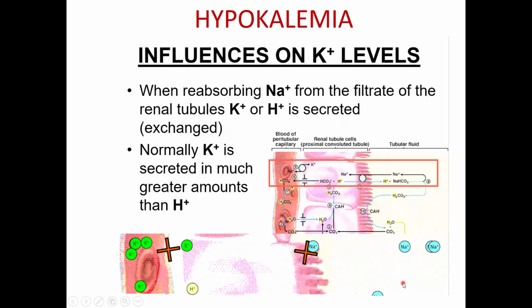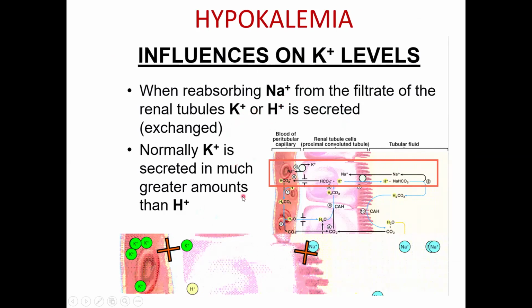We talked about the electrolyte balances and how they are affected by pH disturbances. The main and common cause is hypokalemia. How does it occur? Normally, when the kidneys are reabsorbing sodium from the filtrate, the potassium ions are excreted in exchange for the reabsorption of sodium.